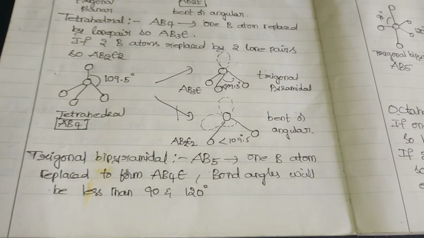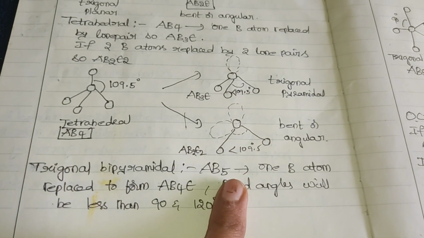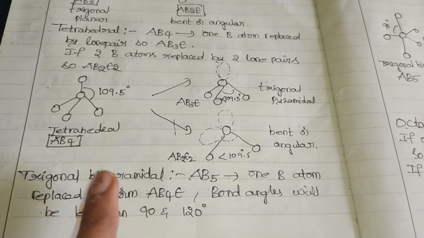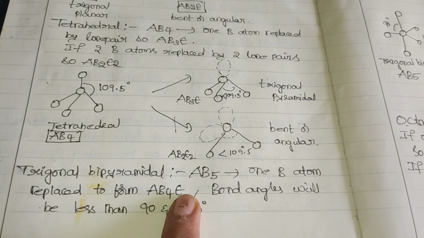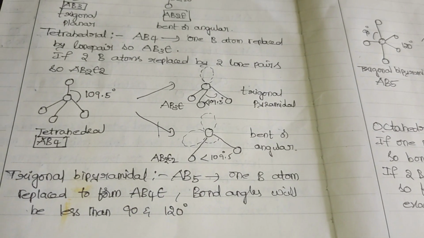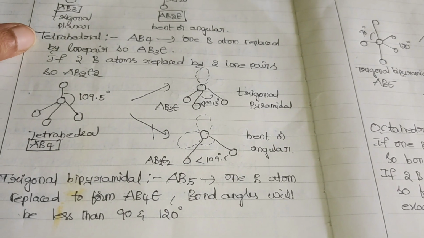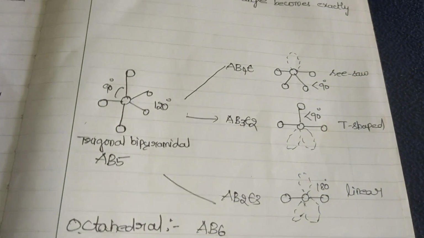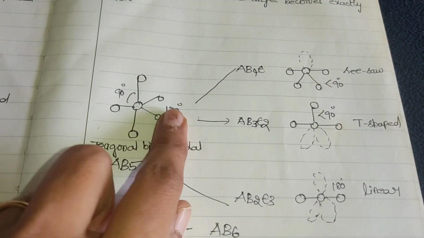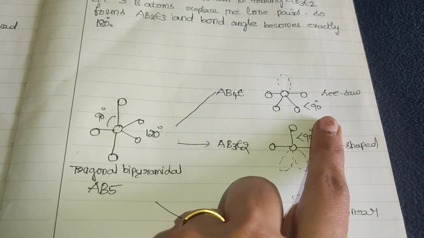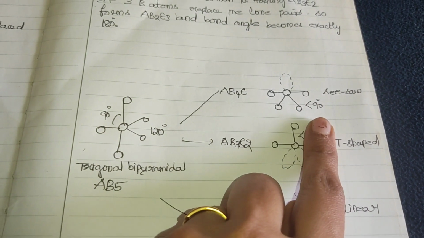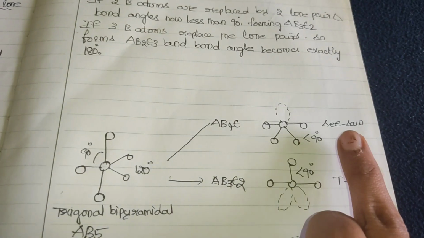The shape will change. Then next is AB5. Its shape is trigonal bipyramidal, with angles of 90 and 120 degrees. If one B atom is replaced, it becomes AB4E and the bond angles decrease to less than 90 and 120, and the shape will be seesaw.